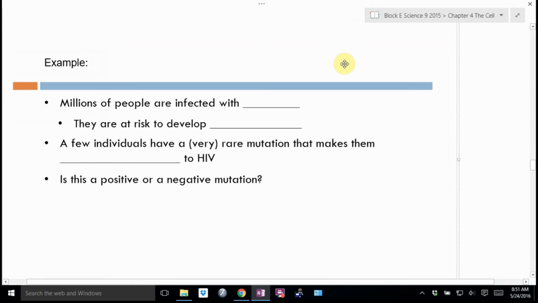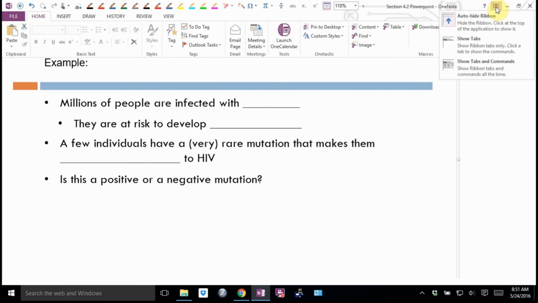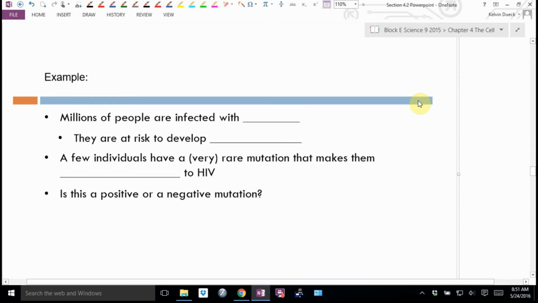Oh, and you guys can turn the page. Some examples. Millions of people on the planet are infected with HIV, and so they are at risk to develop AIDS. HIV is a virus, and it can lead to AIDS. However, a very, very few individuals have a very rare mutation that makes them resistant to HIV.